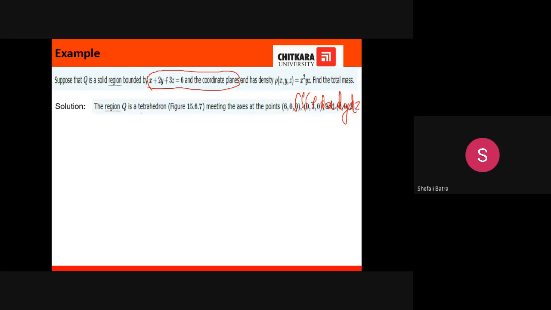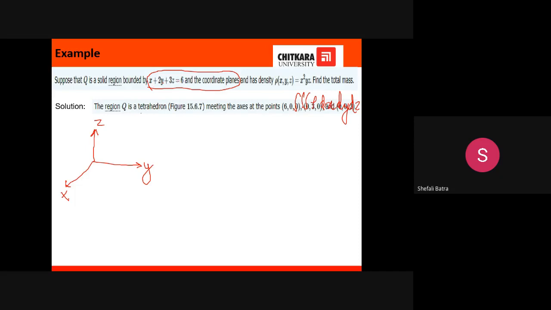After that, we will be drawing this region. So this is your x-axis, this is your z-axis, and this is your y-axis, right? x plus 2y plus 3z is equal to 6.